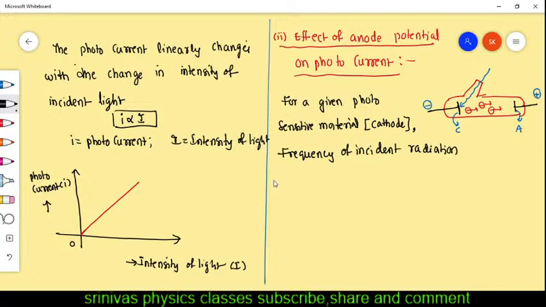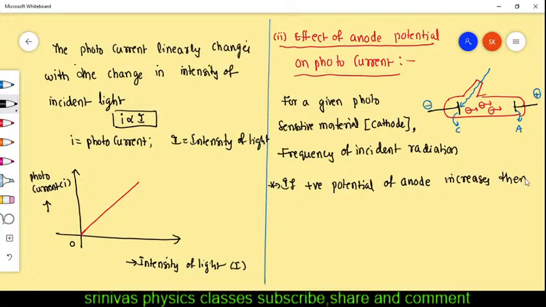First point: if the positive potential of the anode, the right side one is the anode, increases, then what happens?